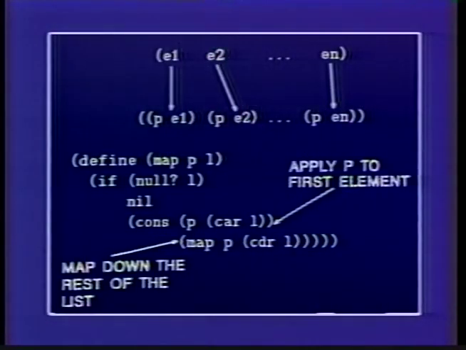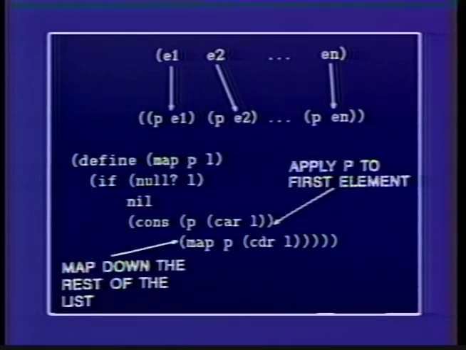And what map does is it takes a list L, and it takes a procedure P, and it returns the list of the elements gotten by applying P to each successive element in the list. Right, so P of E1, P of E2, P of En. So I think of taking this list and transforming it by applying P to each element.